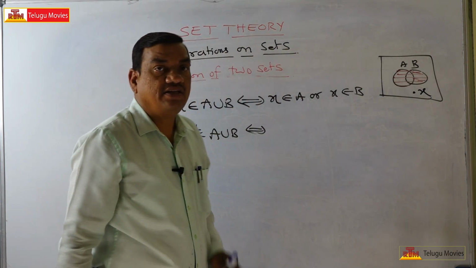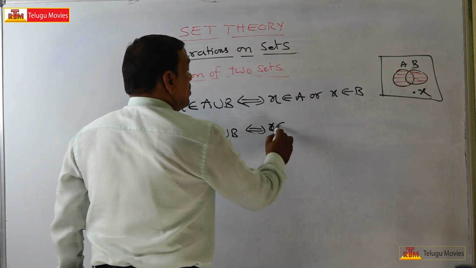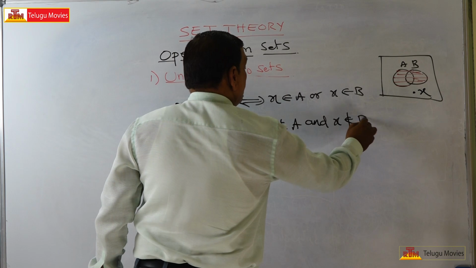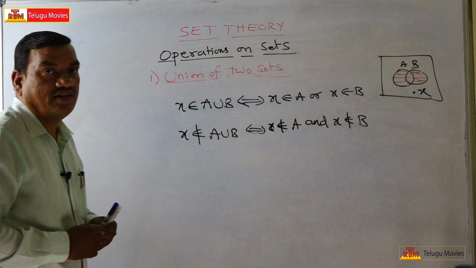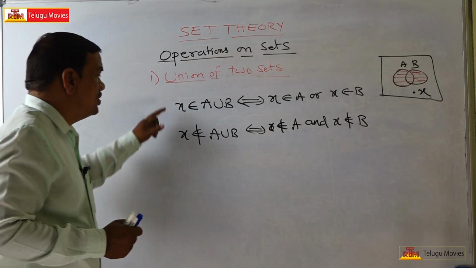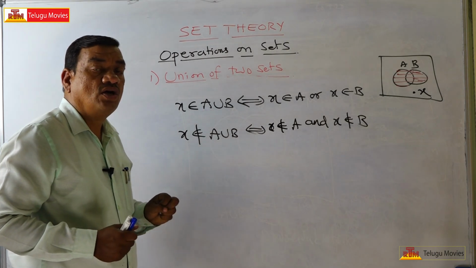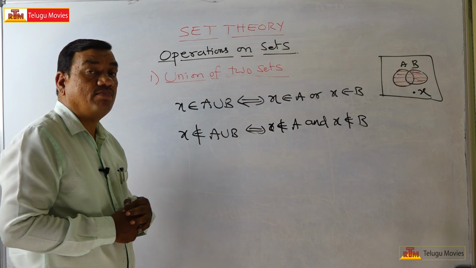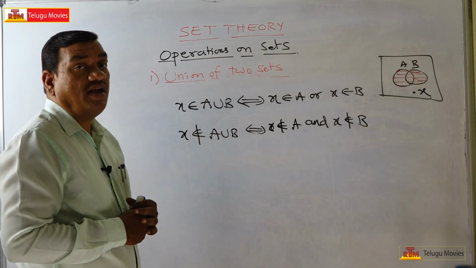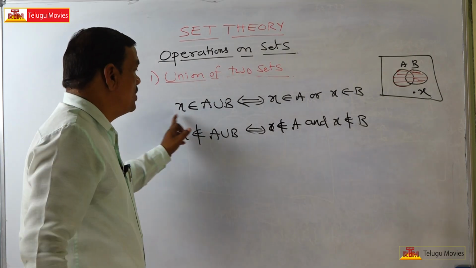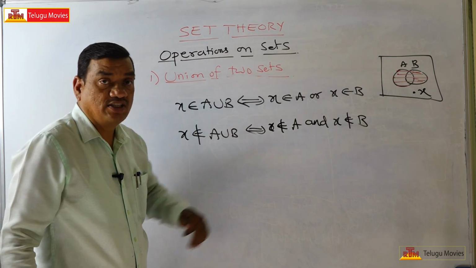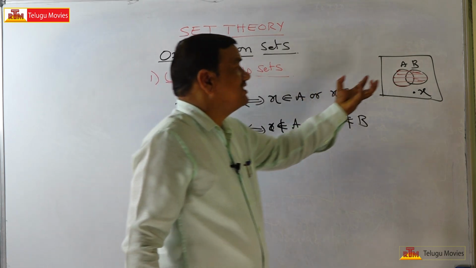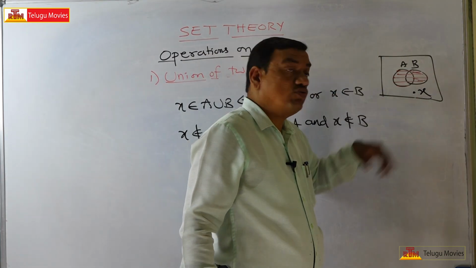Understand this concept? These two concepts are important for doing problems on statements, which is a very important topic in your JEE Mains examination. So if X belongs to A union B, then X belongs to A or X belongs to B. If X does not belong to A union B, that element is outside A union B.